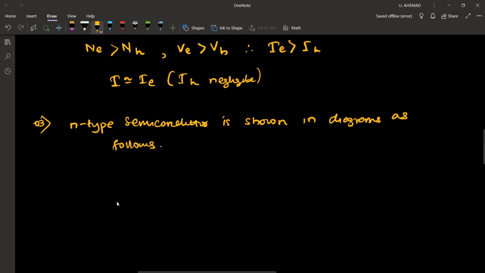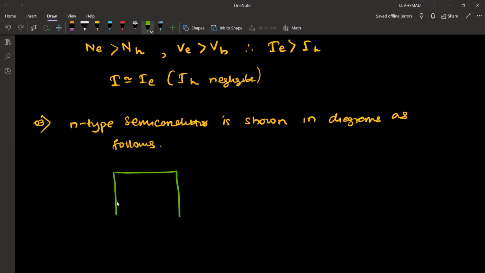So we can symbolically show the N-type semiconductor as a block with electrons, free electrons that we denote with dots, or we can show it as a block with minus.